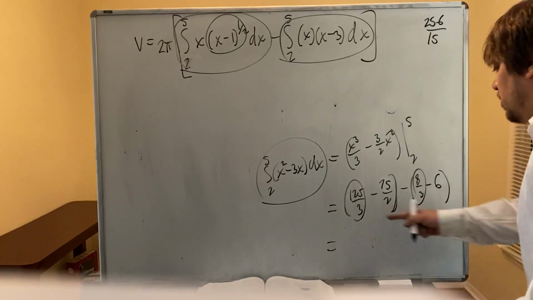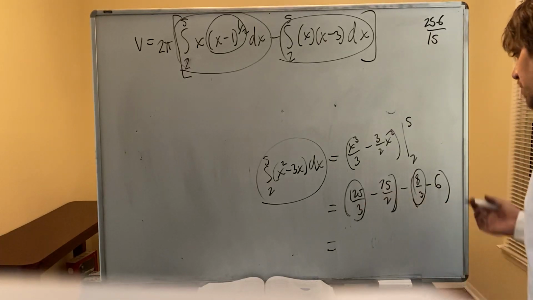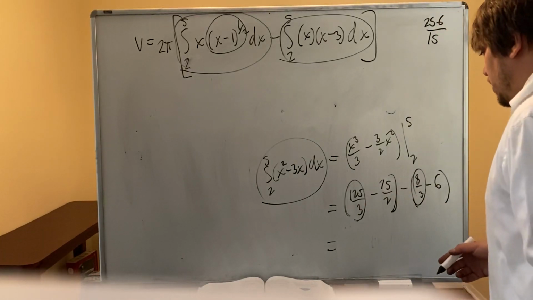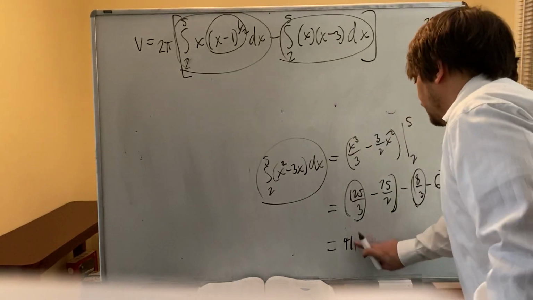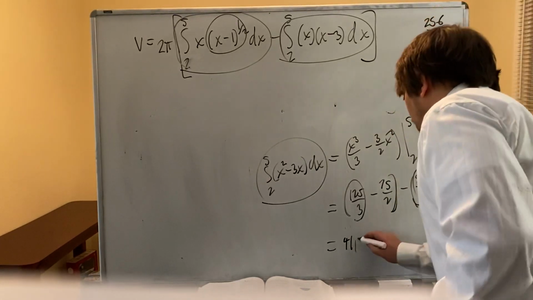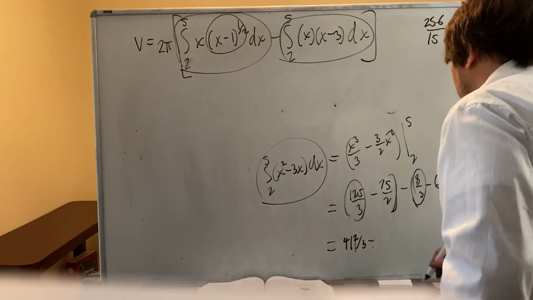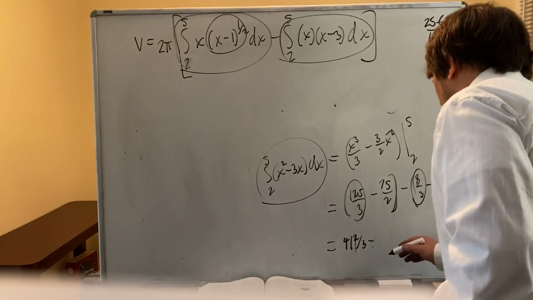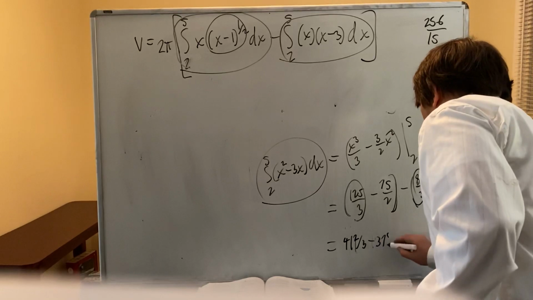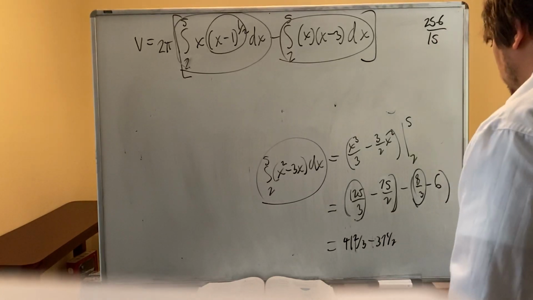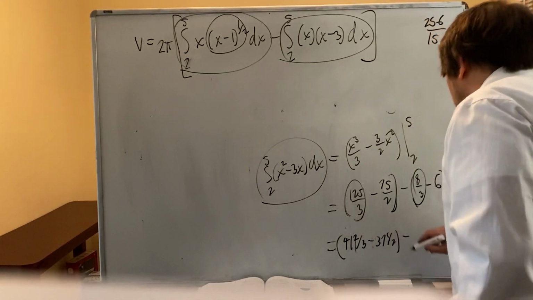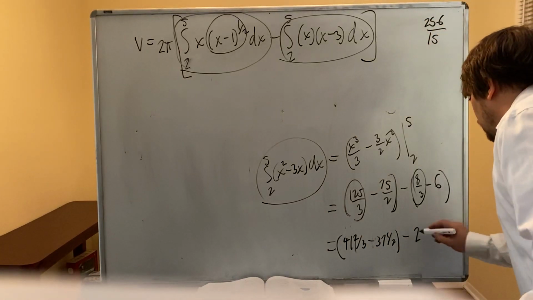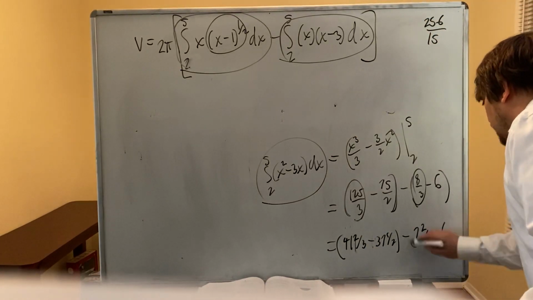Good. So this is 125 over 3 minus 75 over 2. And so that's 41 and 2/3 minus 37 and a half, minus 2 and 2/3 minus 6.